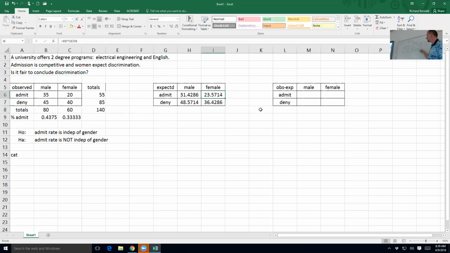Okay, so now we're going to use the same equation that we used Thursday. Okay, we're going to do the observed minus the expected. So we're going to go, and parentheses are super important on this. You'll get it wrong if you don't use parentheses.